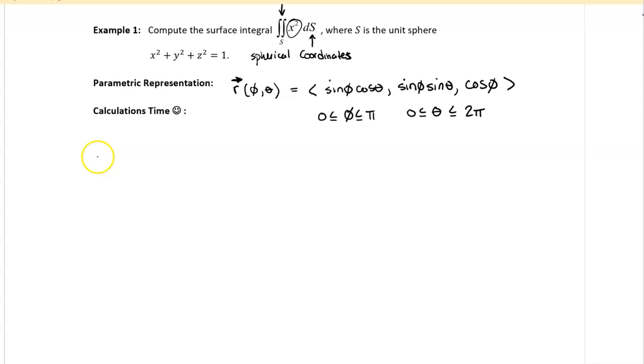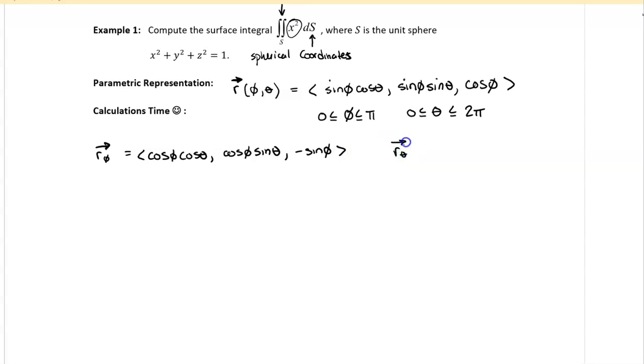So let's start with the partial derivative of r with respect to phi. So here we go, folks. That is going to be cosine phi cosine theta, cosine phi sine theta, and then negative sine phi.